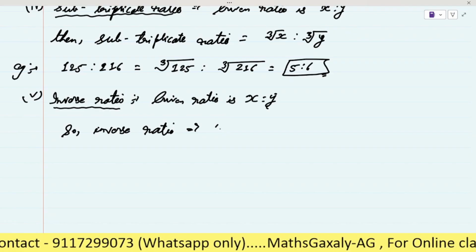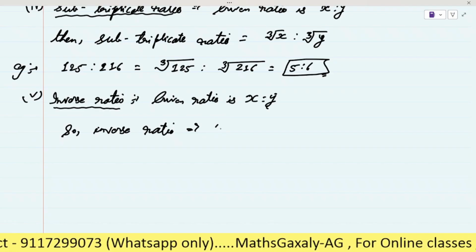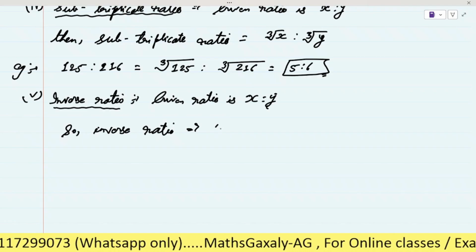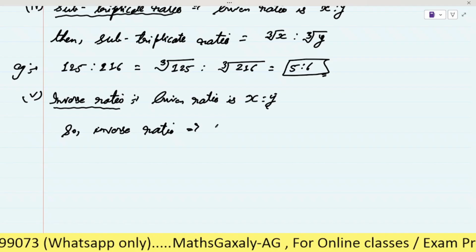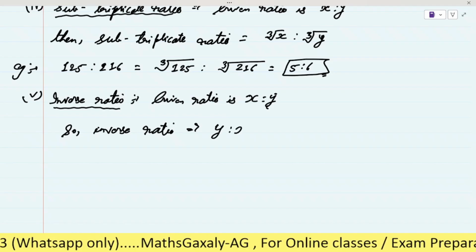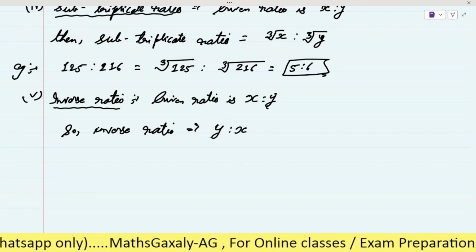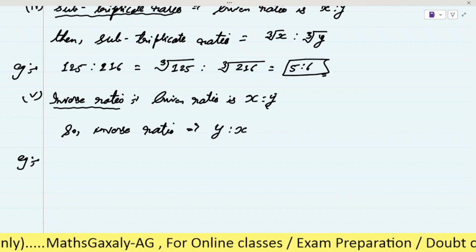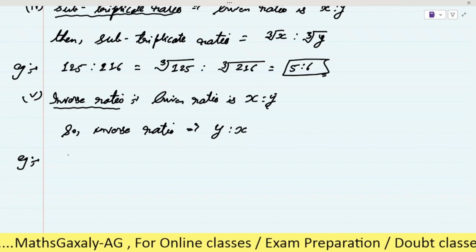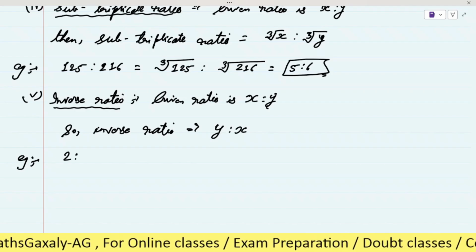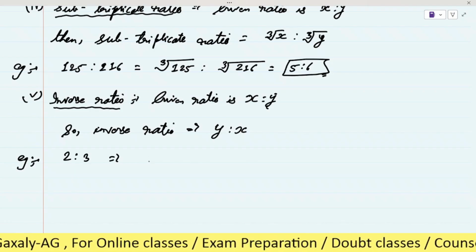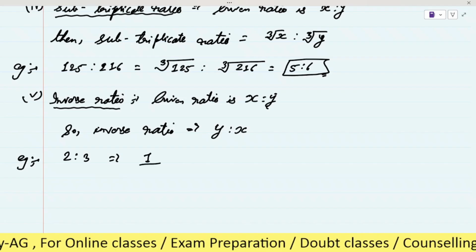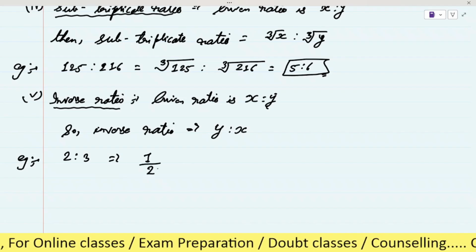Y is to x. Very good. It will be y is to x. It's too simple, right? As an example, if they ask to find the inverse ratio of 2 is to 3, let's see how we will do it. The inverse of 2 is 1 by 2, right?